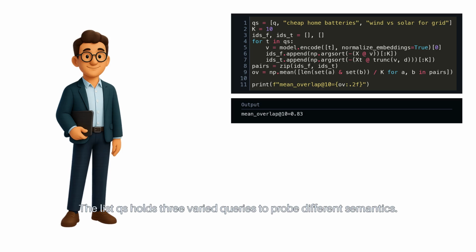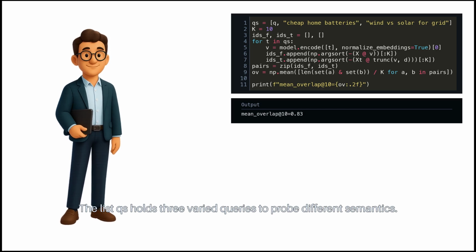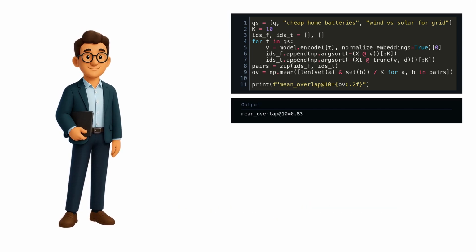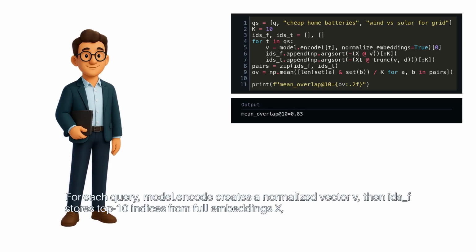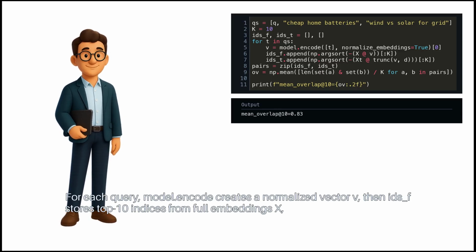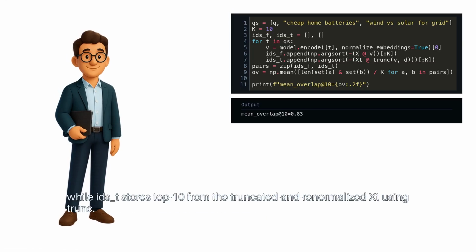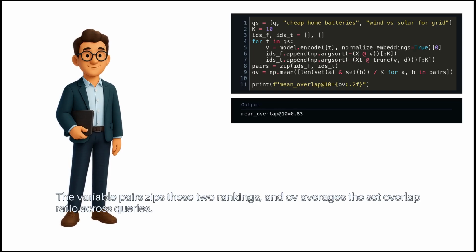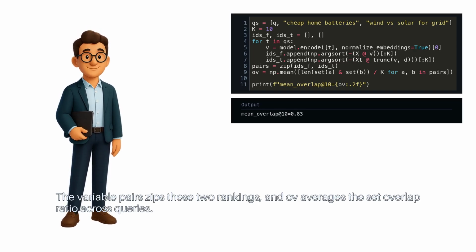The list QS holds 3 varied queries to probe different semantics. For each query, model.encode creates a normalized vector v. Then idsf stores top 10 indices from full embeddings X, while idst stores top 10 from the truncated and renormalized XT using trunc. The variable pairs zips these two rankings, and ov averages the set overlap ratio across queries.